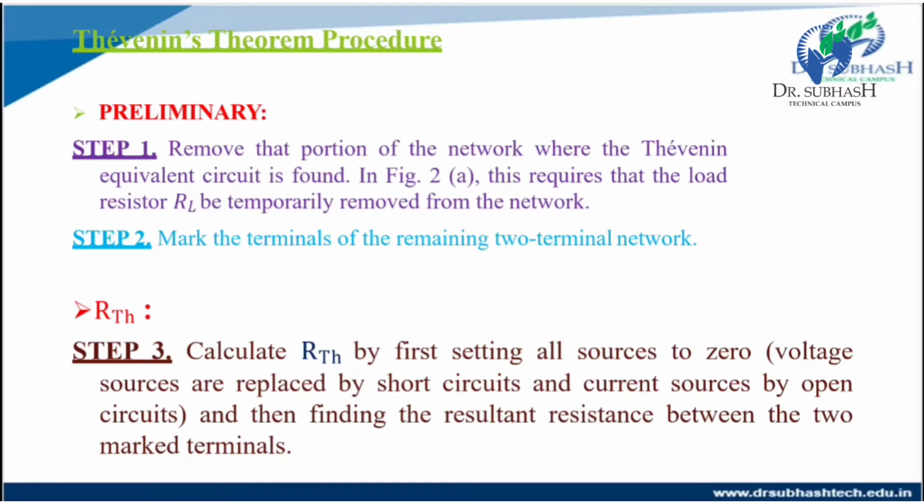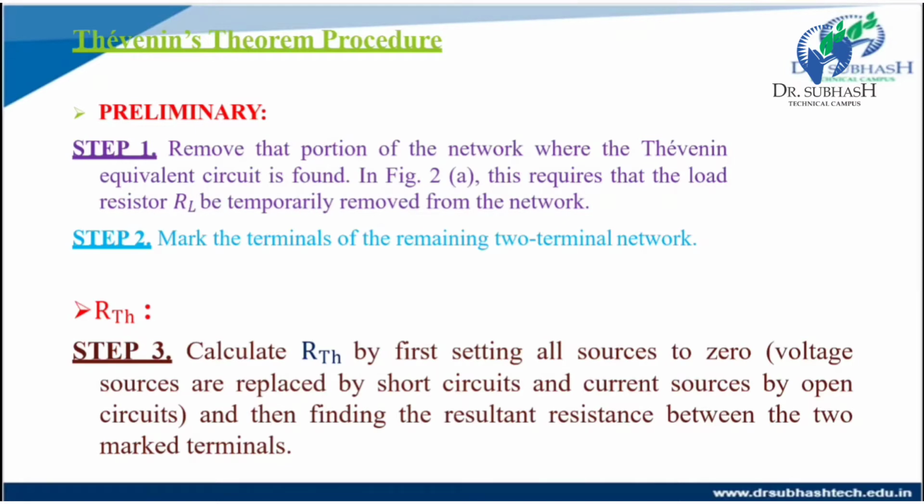Calculate RTH by first setting all sources to zero, meaning a voltage source must be zero and it will be a short circuit. Replace all the voltage sources by a short circuit, and the current sources by an open circuit, and then find the resultant resistance between the two marked terminals.